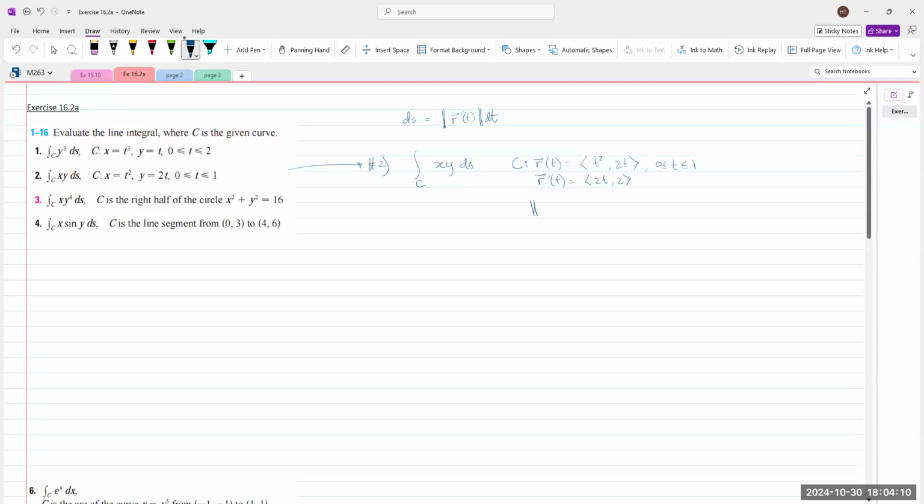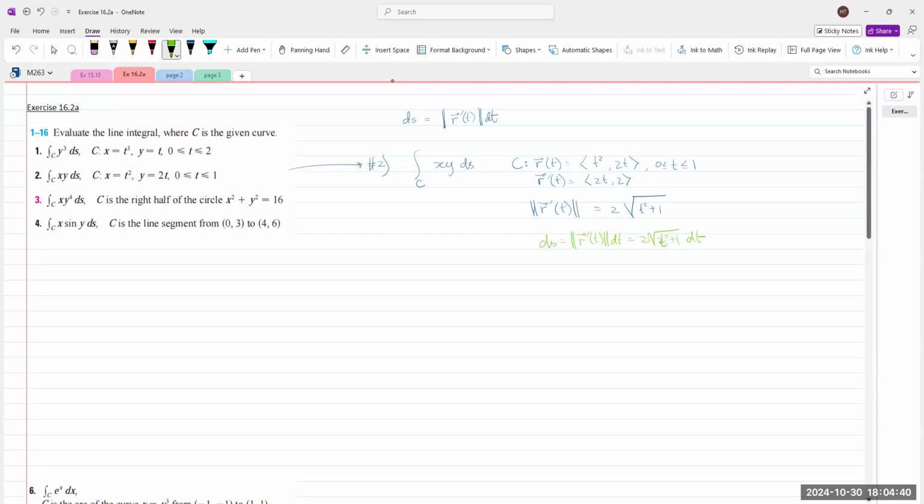The magnitude will be 2 times square root of t squared plus 1. Okay? Implicitly, our ds is the magnitude of r prime t dt. This will be 2 square root of t squared plus 1 dt.